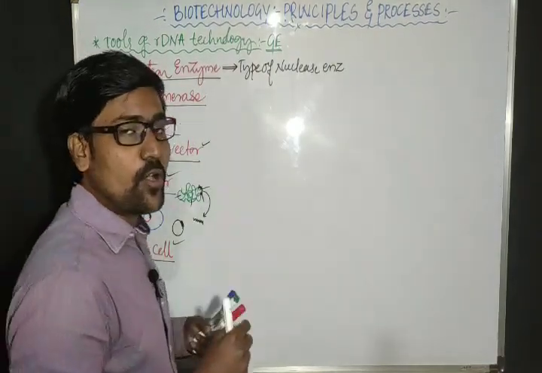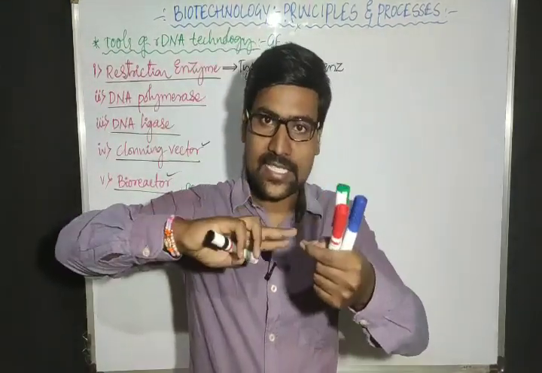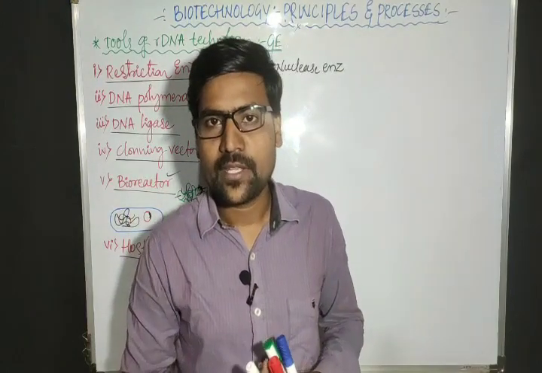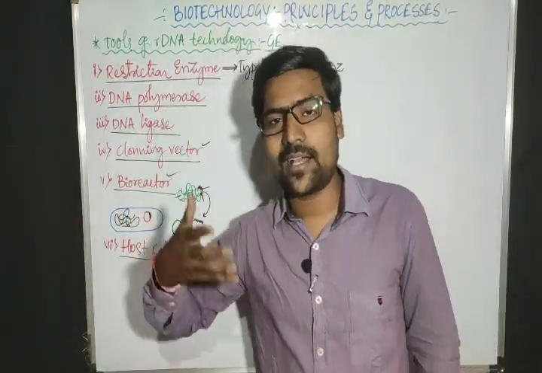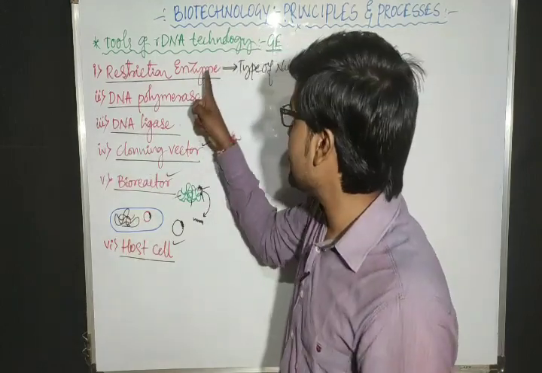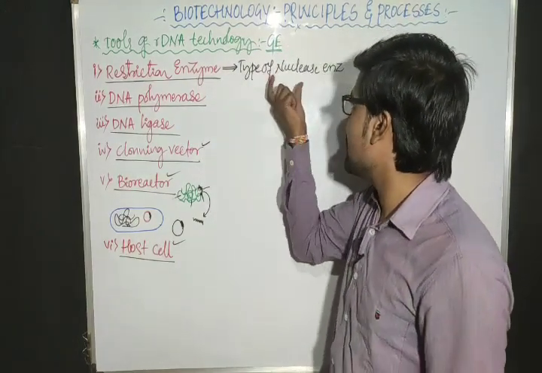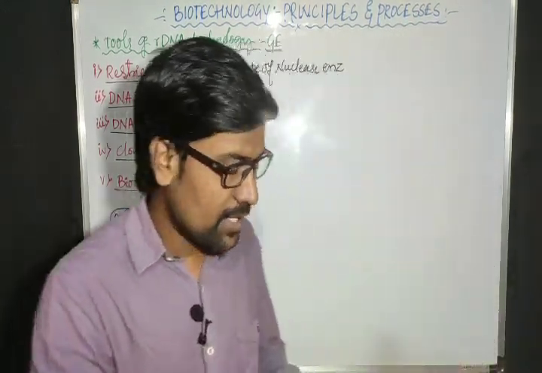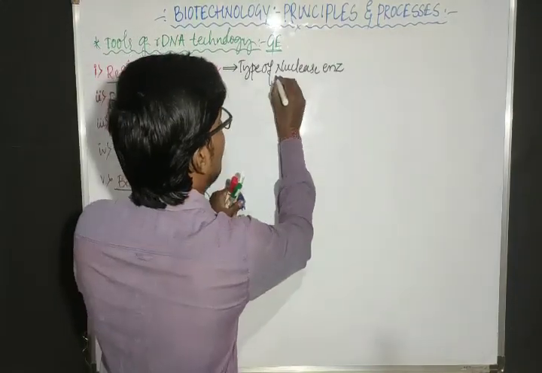What is the work of an enzyme? Increasing the speed of a reaction. Any reaction, here the reaction means DNA concerned reactions. The restriction enzyme is a special kind of nuclease enzyme. Which enzyme? Nuclease enzyme.